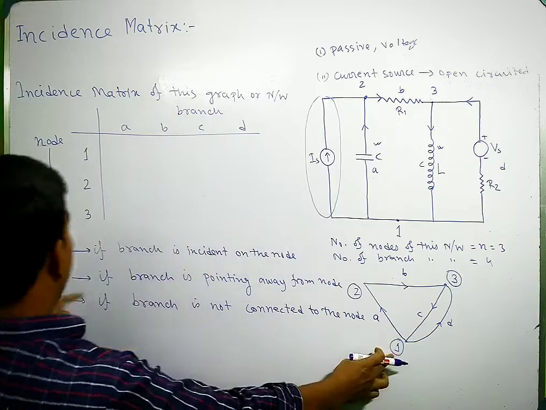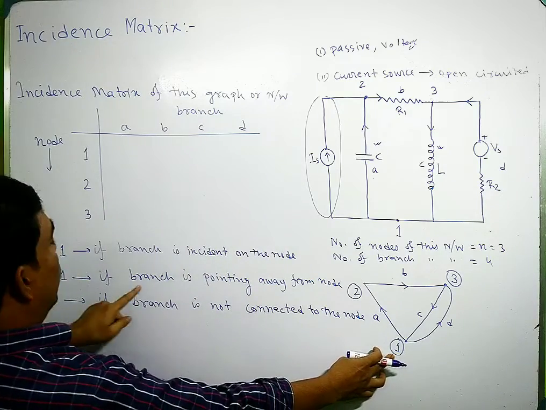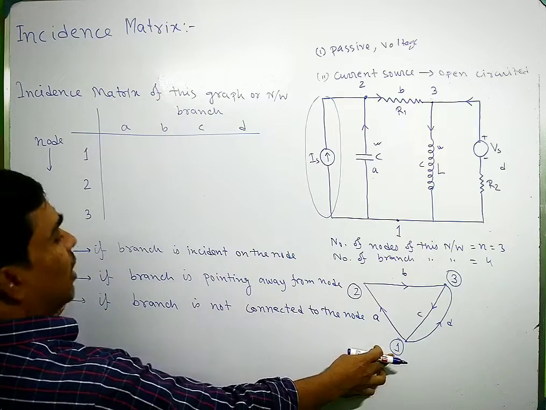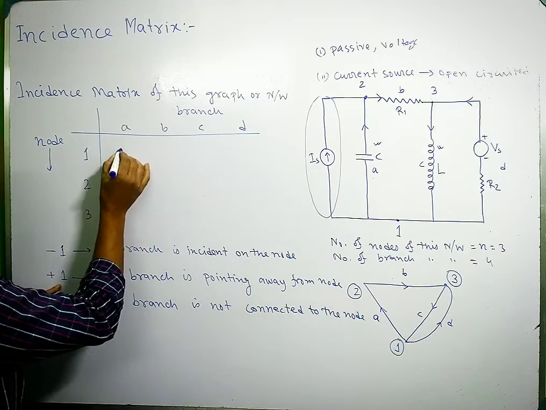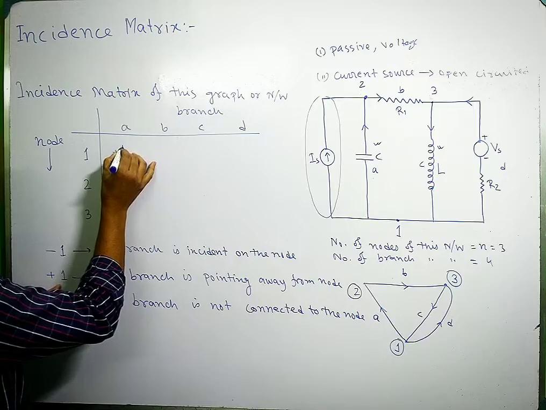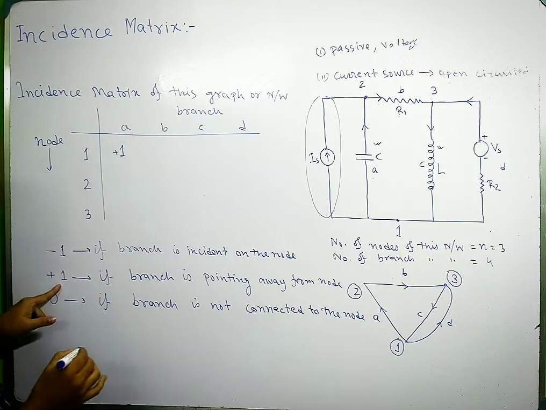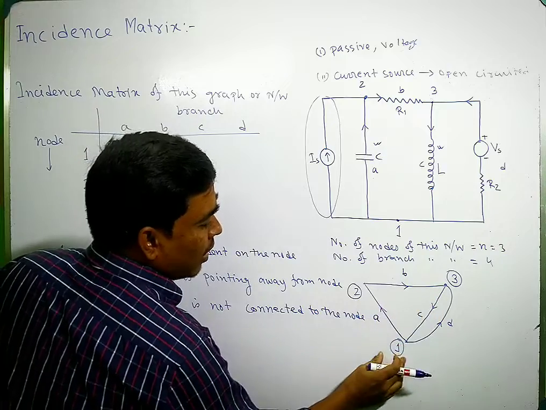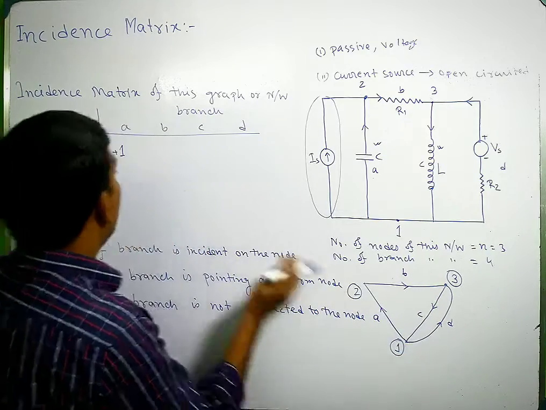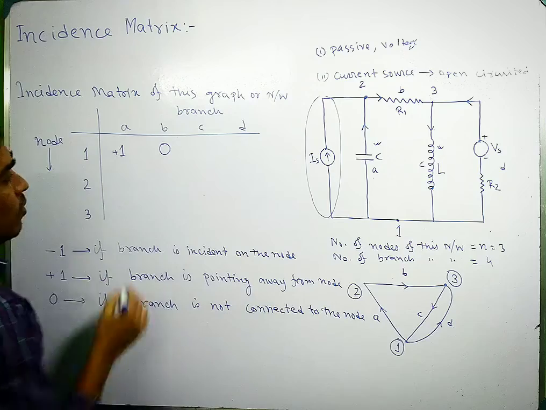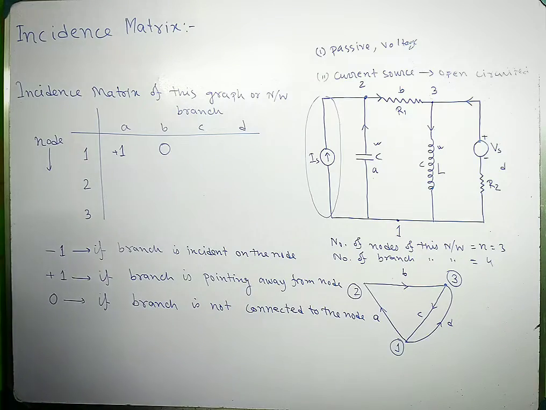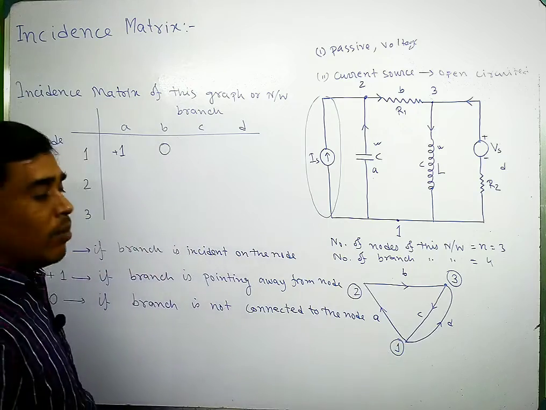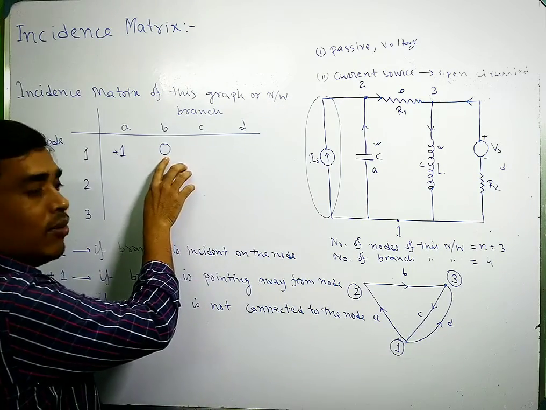So if the branch is pointing away from this node, then it will be plus 1. So in this case it will be plus 1. Okay, B. This B branch is not connected to this node 1. So this is 0. That's why it is 0.